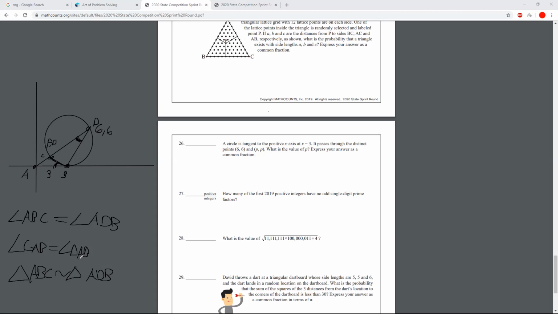I'm not sure, but in Florida, we learn it in about 7th or 8th grade. So they're similar, so we know that there are ratios. We know that the length AC divided by AB is going to be equal to AB over AD. And we get these from the similar triangle ratios.